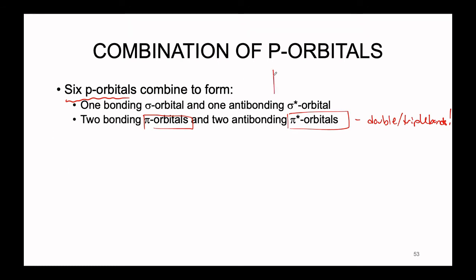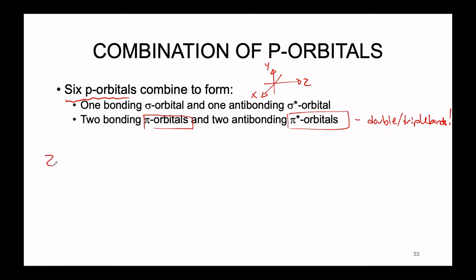So if we say that our axes look like this, X, Y, and Z orientations in space, as Z orbitals come together versus X orbitals versus Y orbitals, we're going to see some different shapes as the result of the combination.